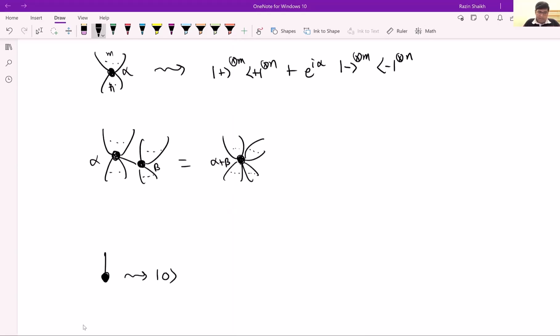So if I translate this X spider to the plus and minus notation, this is plus, plus minus, and that's equal to 1 over root 2 ket 0 plus ket 1 plus 1 over root 2 ket 0 minus ket 1.